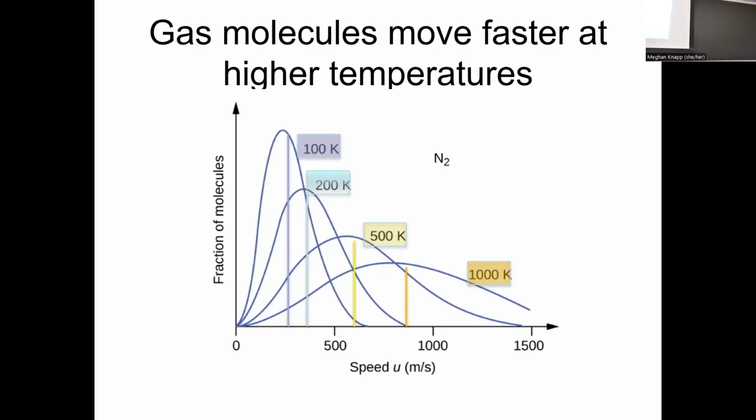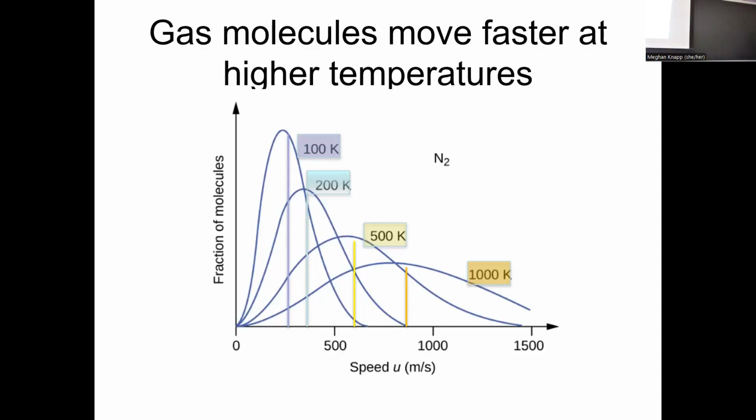That looks like maybe about 250. As we warm it up, maybe it's closer to 350. As it gets warmer, maybe closer to 600, and warmer still, maybe about 850. Okay, so the higher the temperature, the faster the molecules are going.